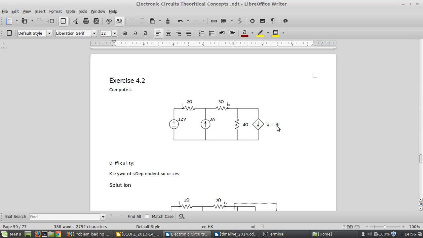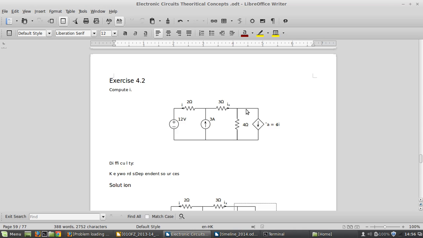Actually, this is a dependent source that is dependent on current. You can check out that it is 4ix; there is some printing mistake here. 4ix is here, and it is dependent on this current that is ix. From this junction you can find the current here.